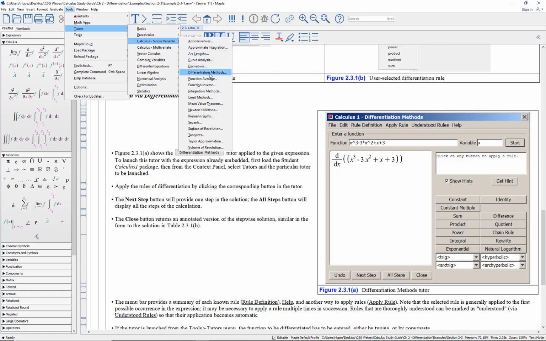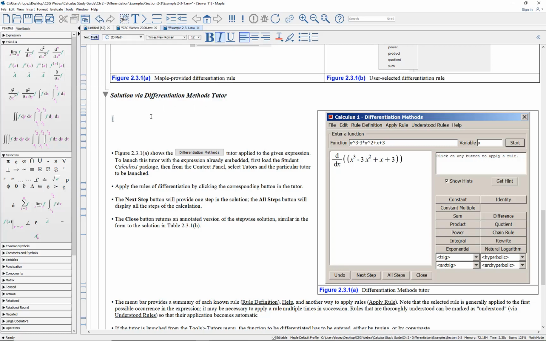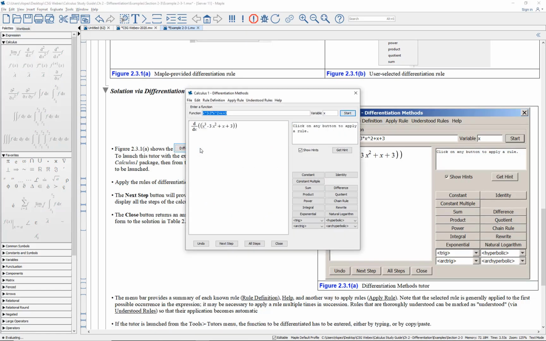Differentiation methods. There's one like this for limit methods, and then there's one like this for integration methods. Okay, so if I click this button here, the differentiation method tutor will pop up, and it's been programmed to have this function f of x in it. And then you have the buttons for applying the rules.